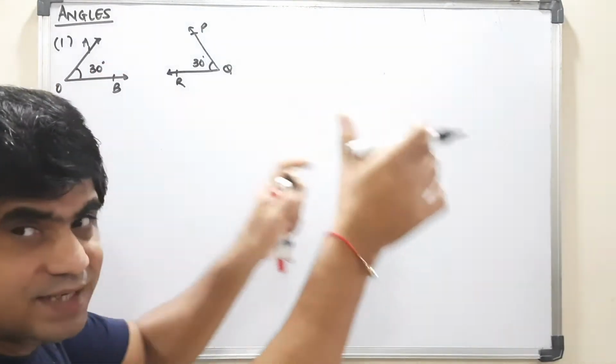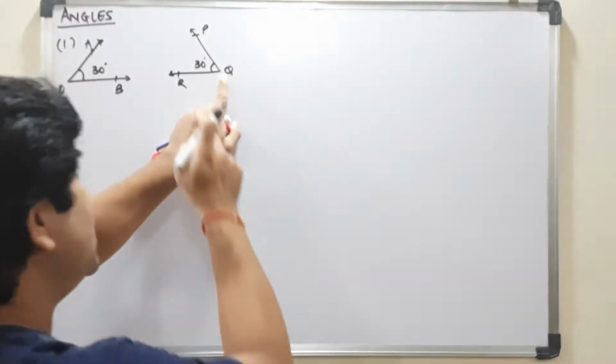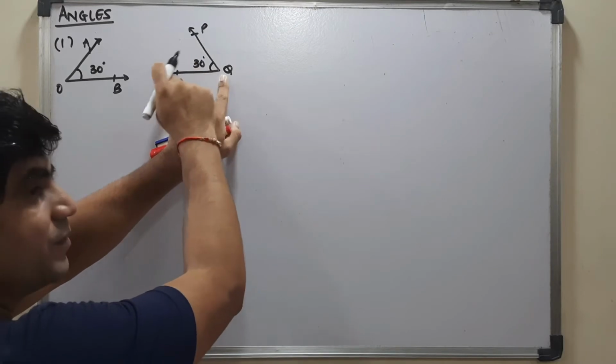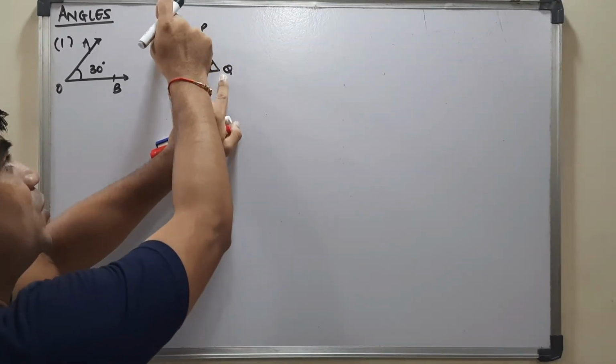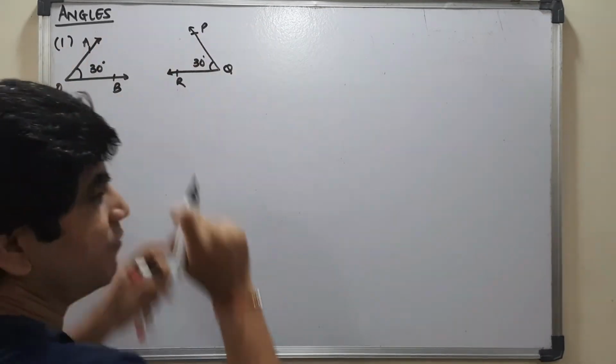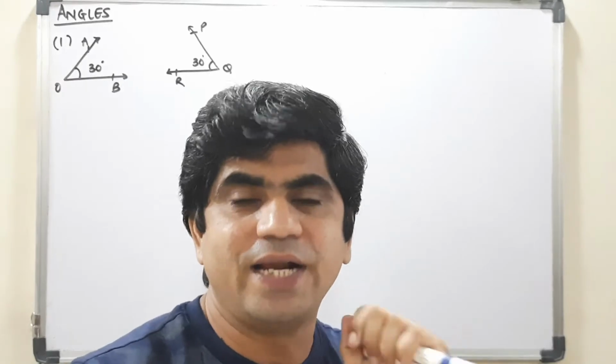Now if you pick up that same protractor and keep it over here at Q, the left part which was empty on the first angle is now occupied, and you will get 30 degrees to the left of it, not to the right. This was to the right and this is to the left. That means there is a big role played by the direction.